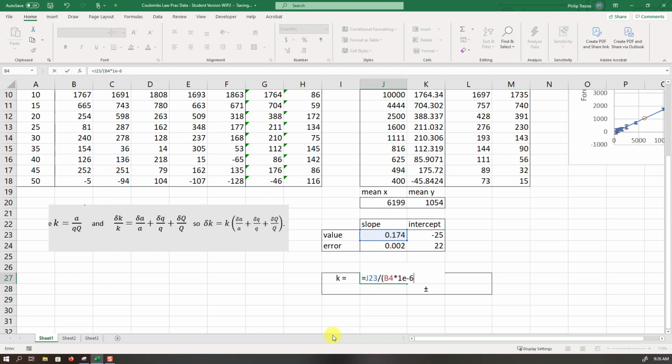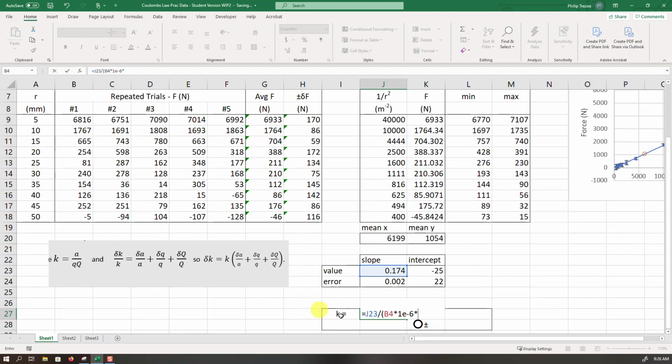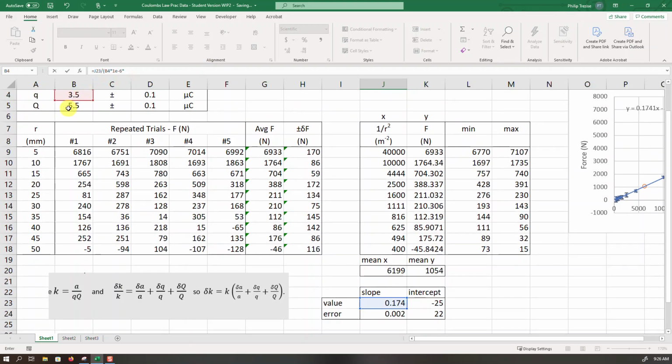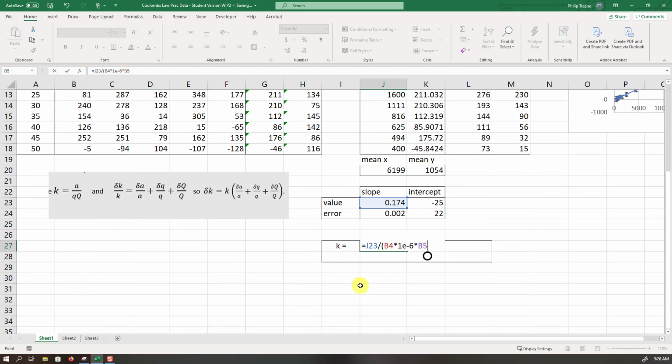That's the Excel code for 1 times 10 to the power negative 6. Then that's literally 3.5 times 1 times 10 to the power negative 6. And then I will put the 5.5 and again with the 1e-6, close off the bracket. And that gives me the value of the Coulomb constant.